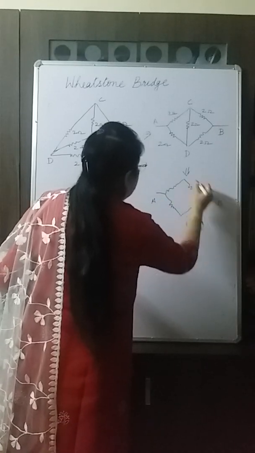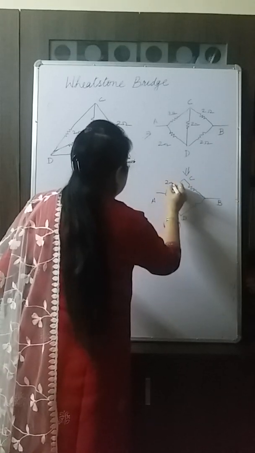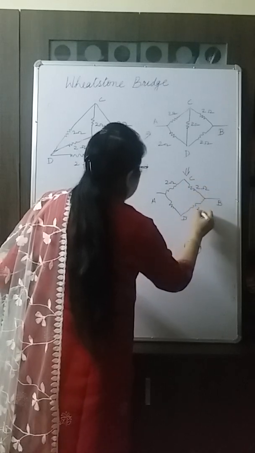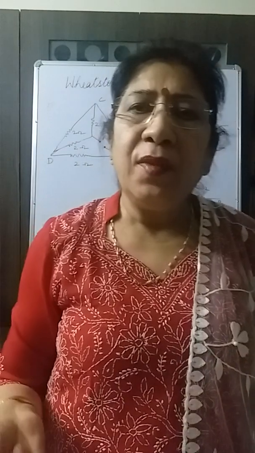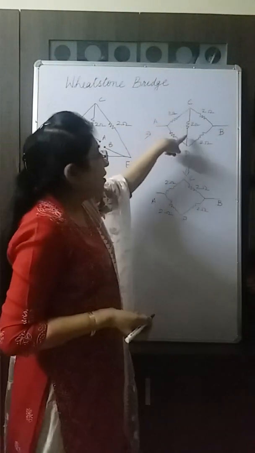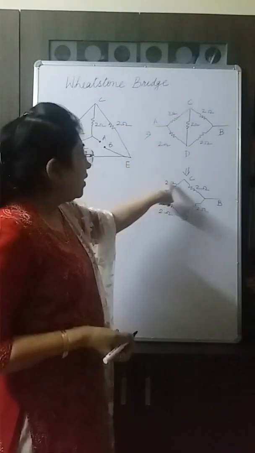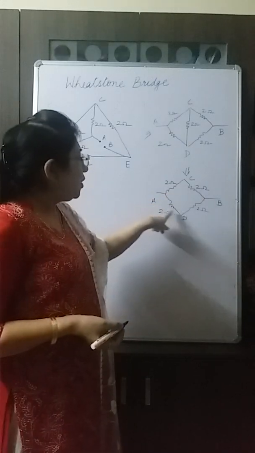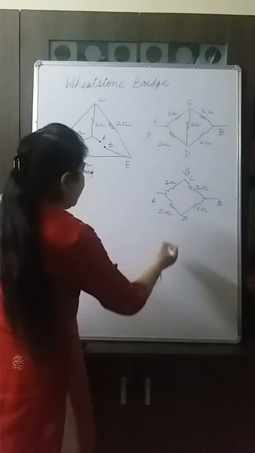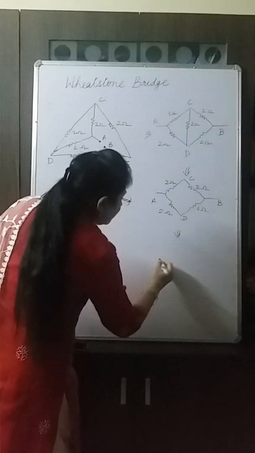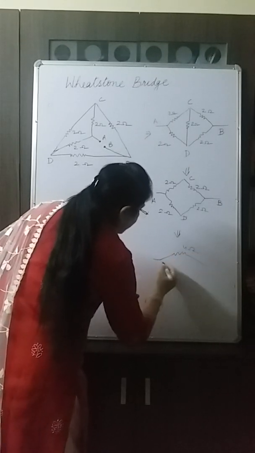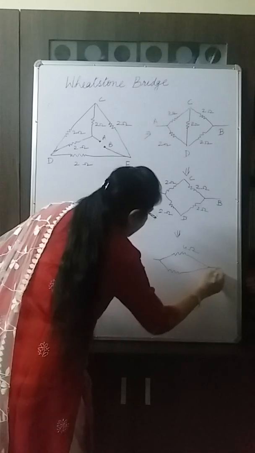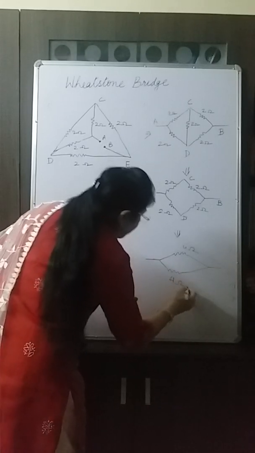just this. There is no current flowing through the diagonal branch CD. 2 and 2 ohm, 4, 2 and 2 ohm, 4 ohm again, and this circuit becomes 4 ohm each.